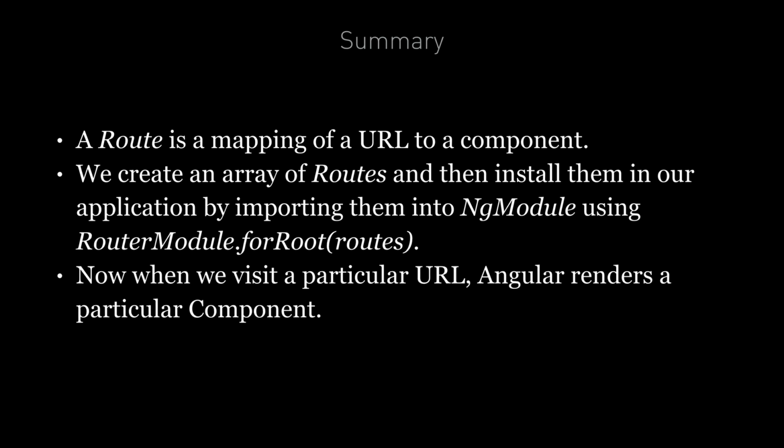In this lecture, we've shown you how we can configure routes and manually type in the different URLs in the address bar to make the application render different components depending on which URL the user visits. Next, we'll show you how you can navigate between these different routes in Angular without having to manually type the URL in the browser address bar.